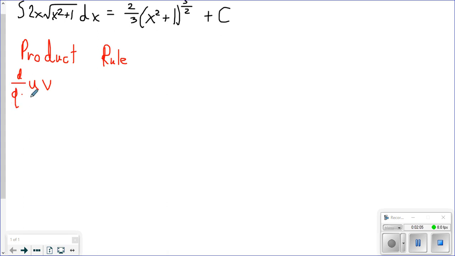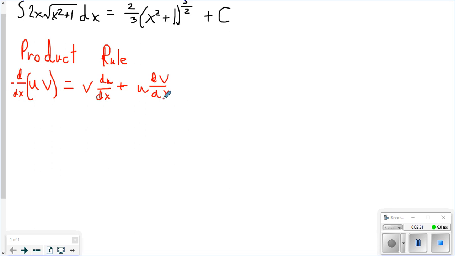So I'll do d dx of uv, and that's going to be, the way that I like to write this out, the second v times the derivative of the first du dx plus the first u times the derivative of the second dv dx.